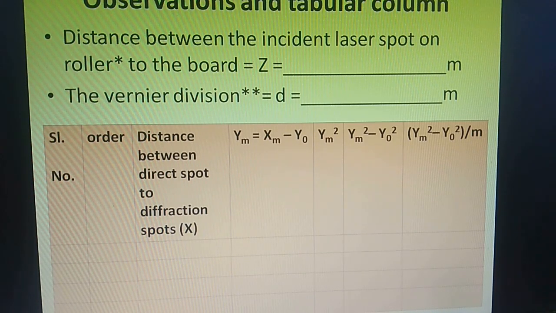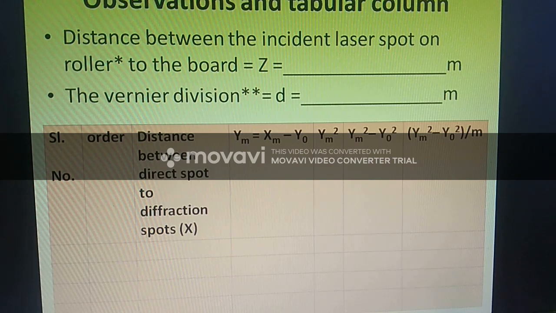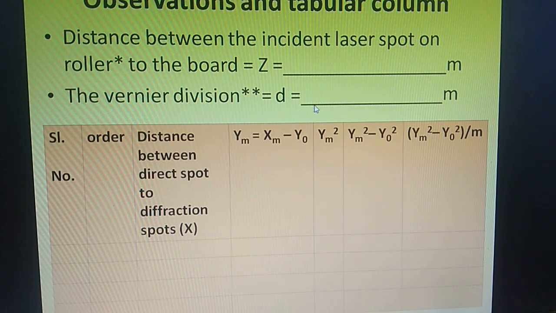Then the vernier division D: the consecutive distance between two lines on the roller, which we have to measure.